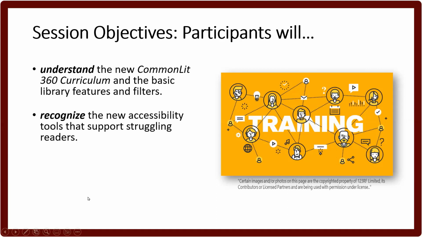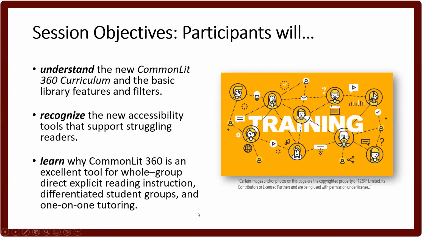We really got excited about this part. There are a lot of digital tools that we feature on Tech and Tell, as you know, but CommonLit goes a long way with those supports. And then finally, we're going to learn why CommonLit 360, as well as the library with the passages, is an excellent tool for whole group, direct explicit reading instruction, differentiated student groups, and one-on-one tutoring.